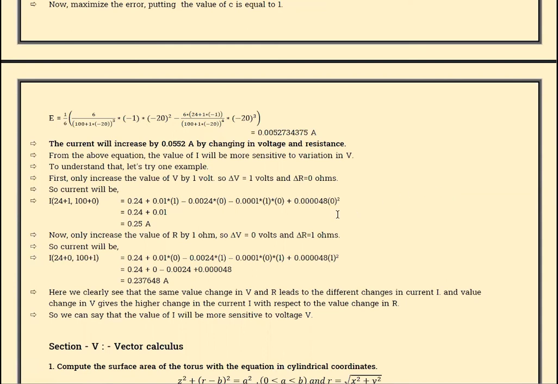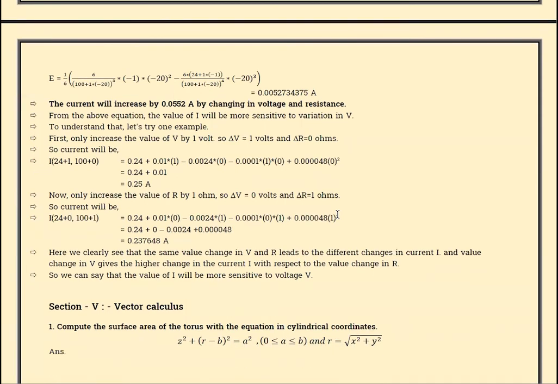Now we only increase the value of R by 1 ohm and do not change the value of V, so ΔV is equal to 0 and ΔR is equal to 1. So our I becomes 0.237 ampere.